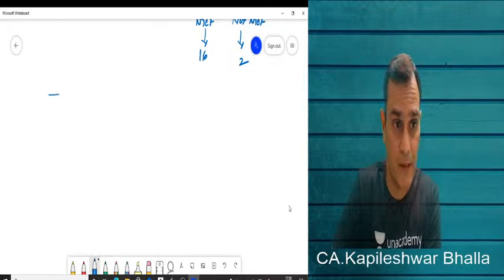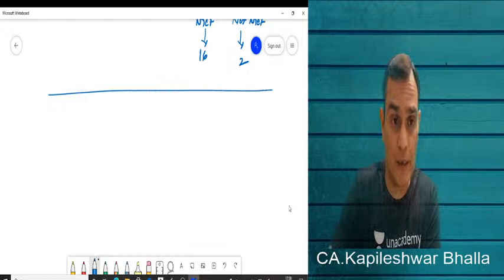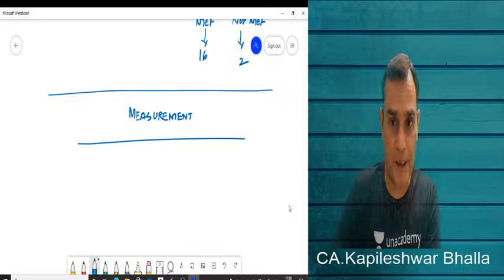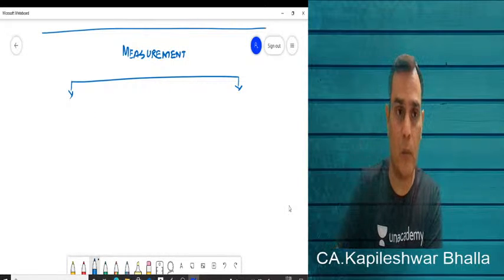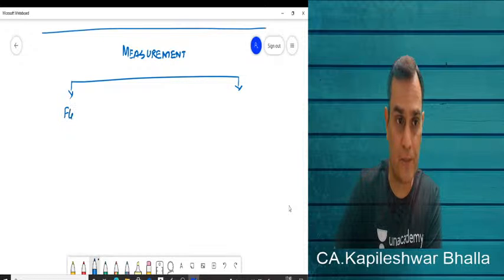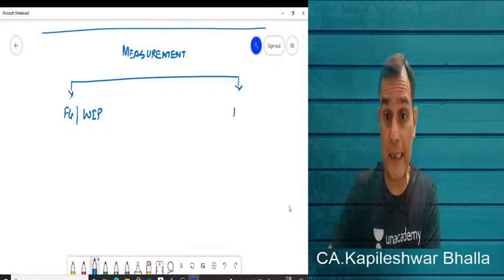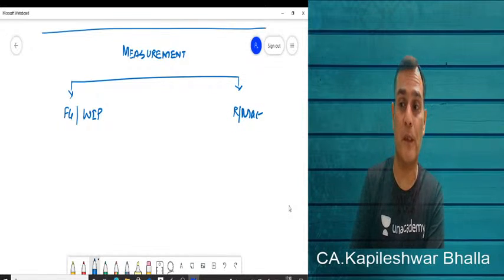So when you're looking at the measurement principles of inventory, we can say the measurement principle of the inventory can be segregated in terms of two things. Number one, it is either measuring FG or measuring WIP. I'm segregating the raw material because there are two different para numbers dealing with this particular concept.